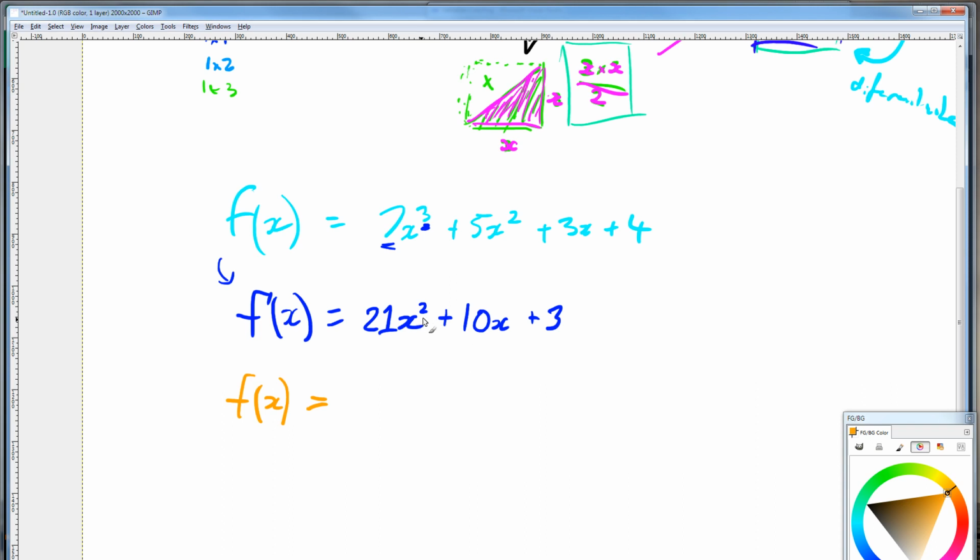We're going to add 1 to the exponent, so we're going to get x to the 3. And then we divide this, and so look, we get 5x squared plus 3, and this is x to the 0, so we add 1 to the exponent and then divide 3 by that, so we get 3x plus some constant.